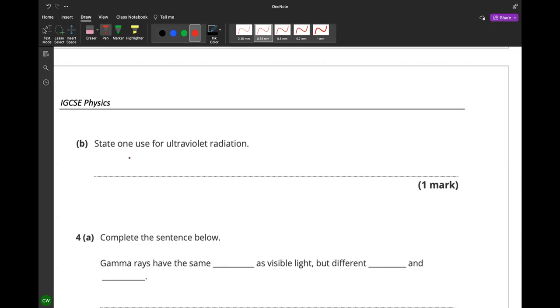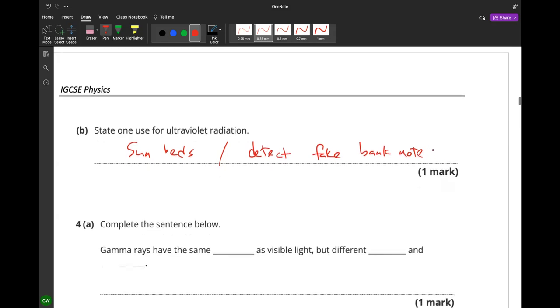Suntan, sunbed. One more that you need to know. For what? Detecting what? Detect fake bank notes. Okay, detect the bank notes.